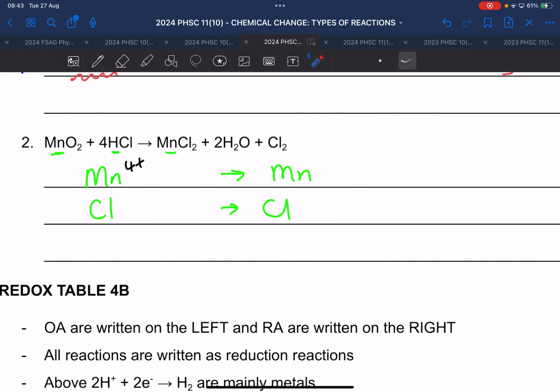This was homework, ladies and gents. For manganese. It's Nee. 2 plus. Why? Where's your notes? But this is what we did the previous day.